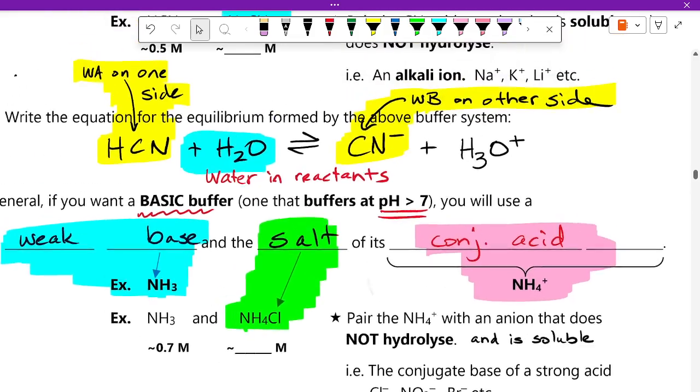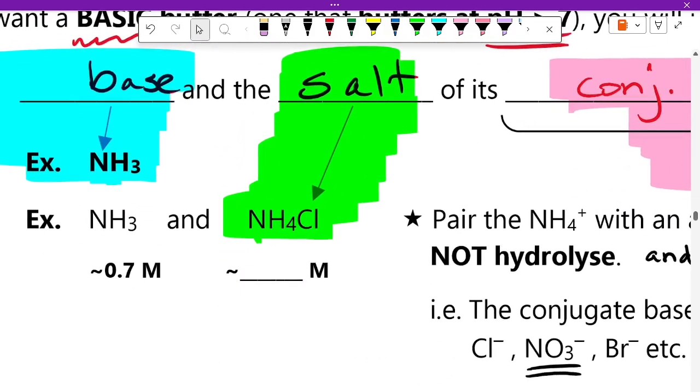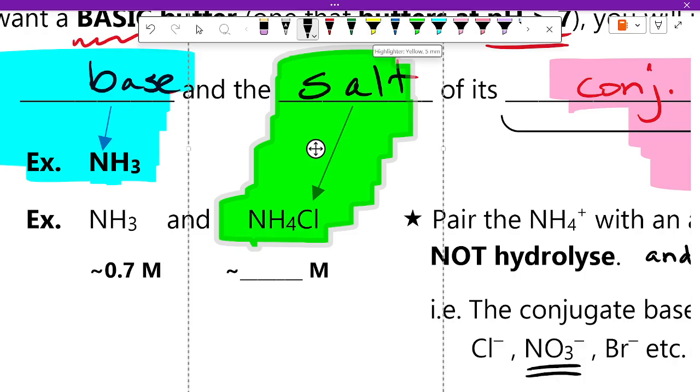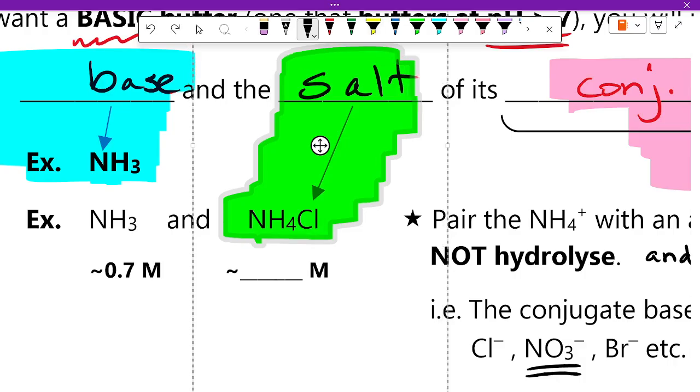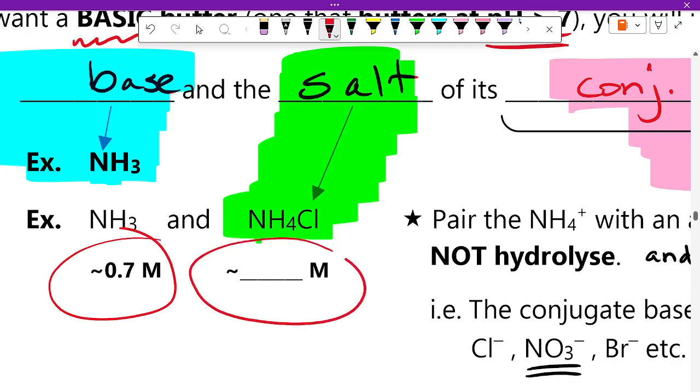All right, so if we had NH3 at about 0.7 molar, what would we want the NH4Cl to be at? We would want it to be at approximately what concentration? 0.7 molar.